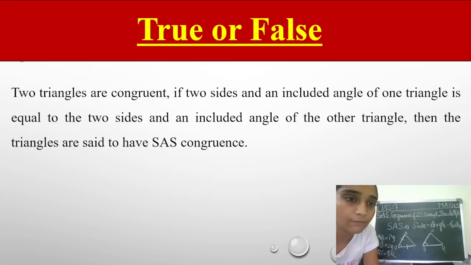Now students, it's time for you to answer true or false: two triangles are congruent if two sides and an included angle of one triangle are equal to the two sides and the included angle of the other triangle by SAS rule.